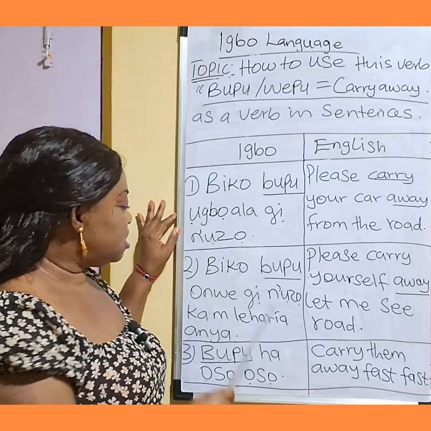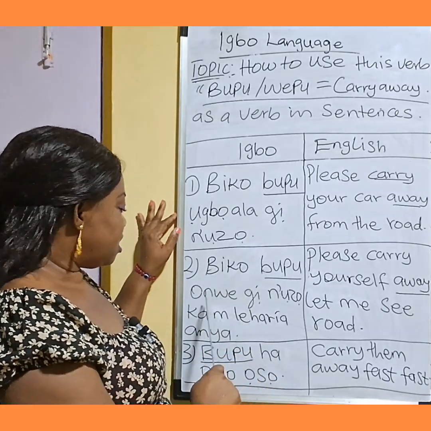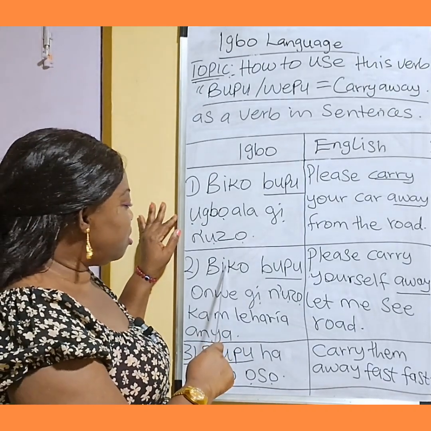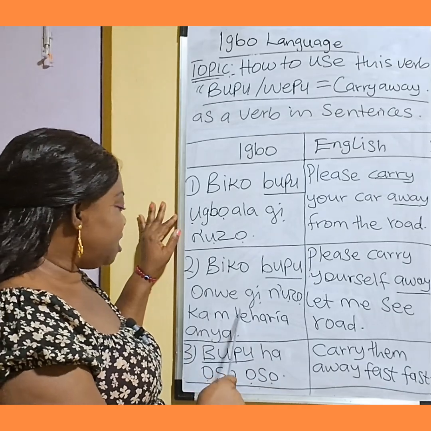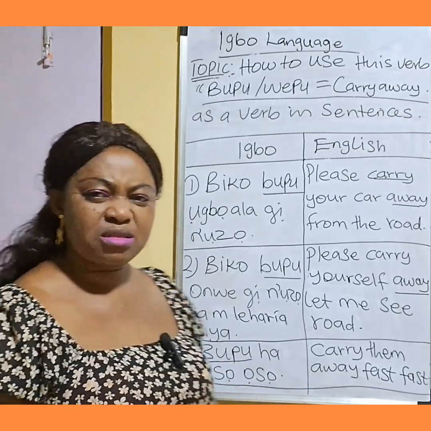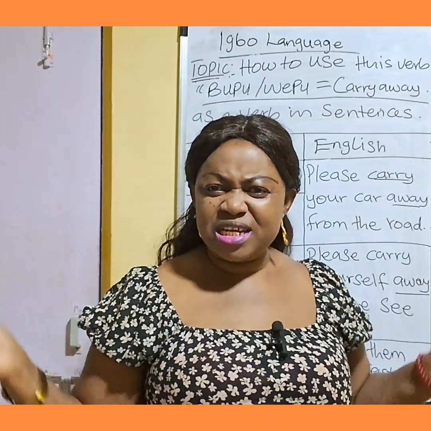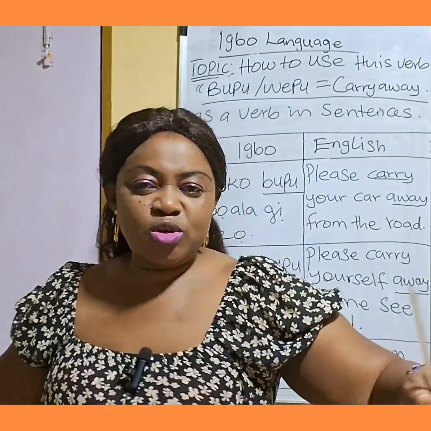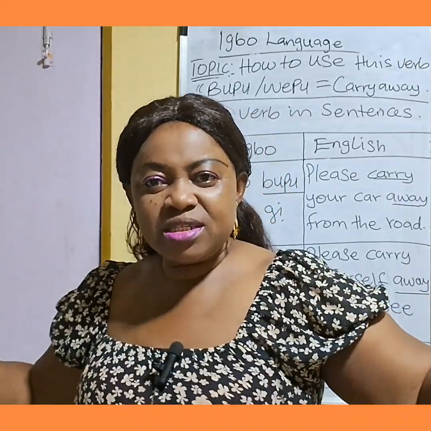Number 2 says: Biko, bupu onwe gị n'ụzọ ka m legharịa anya. Biko, bupu onwe gị n'ụzọ ka m legharịa anya. You know, some people that are too fat go up and down, in a hurry.